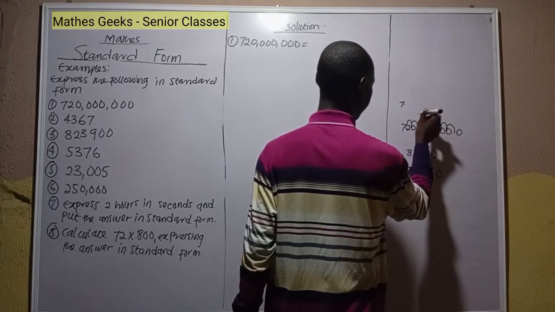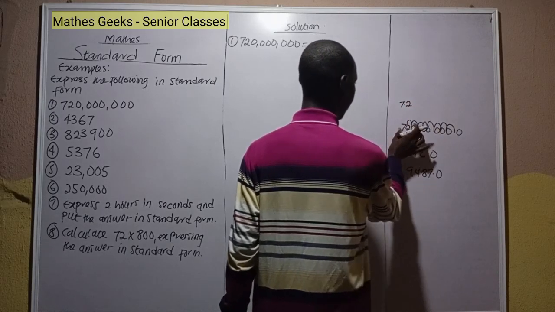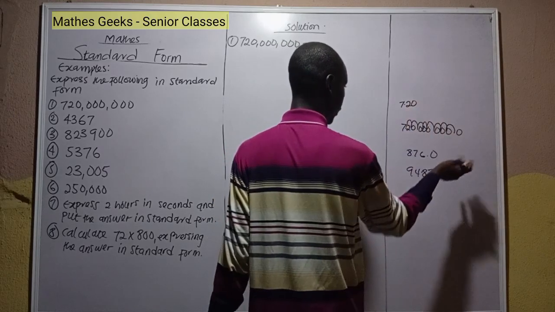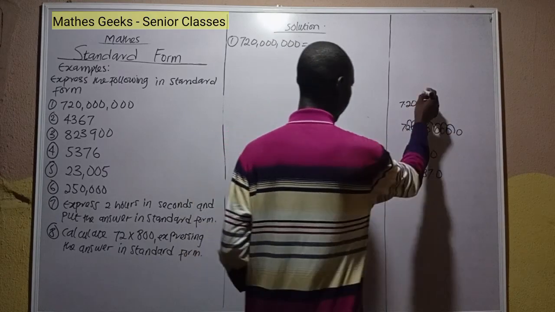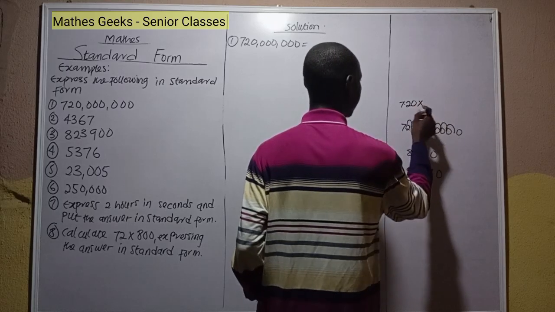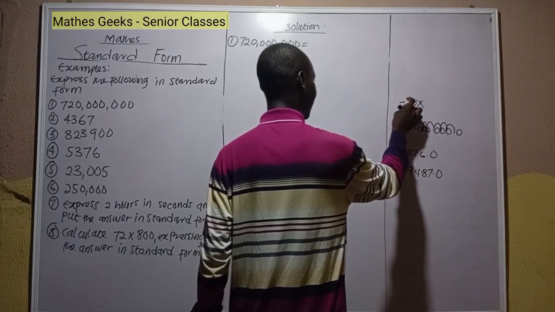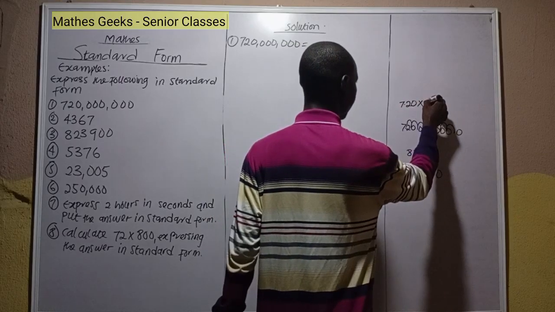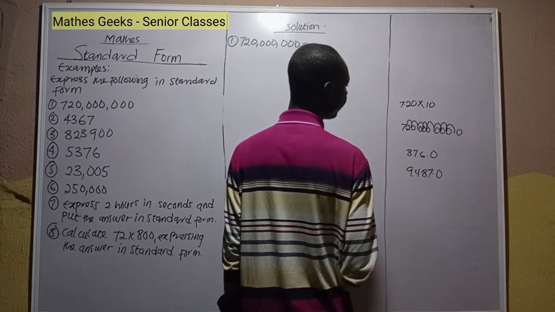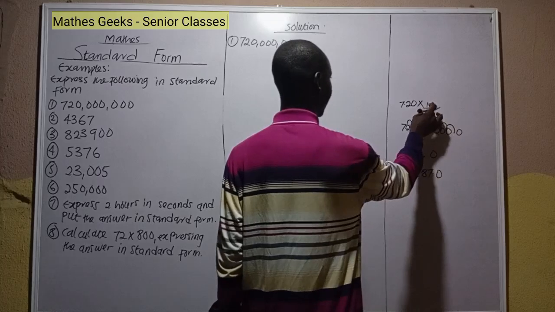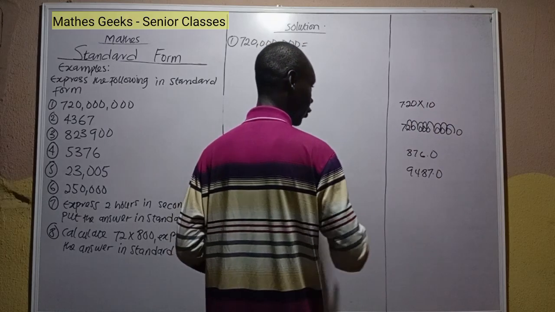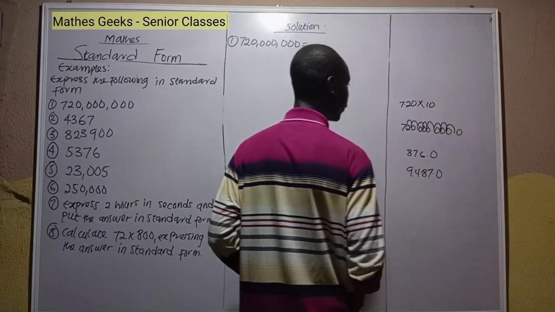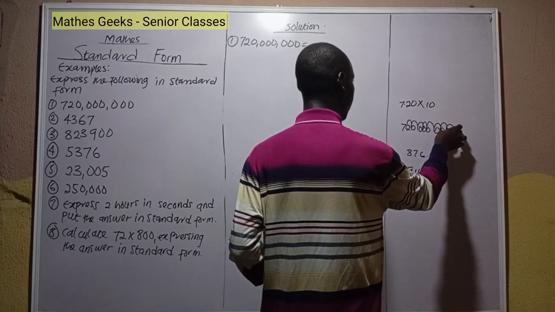That's 7.2. These are the only significant figures. So 7.2, or you can decide to write 7.20. It doesn't matter. Remember that after the decimal point, 0 is not significant. So 7.2 times 10. Like I said, this 10 is an arbitrary notation. It must be there. The power will be the number of times you make this move.